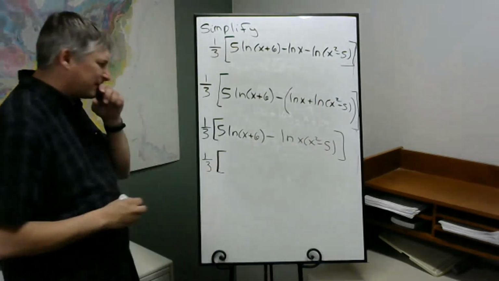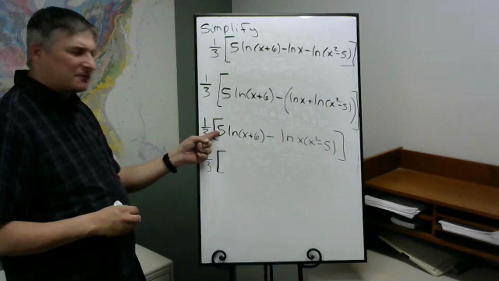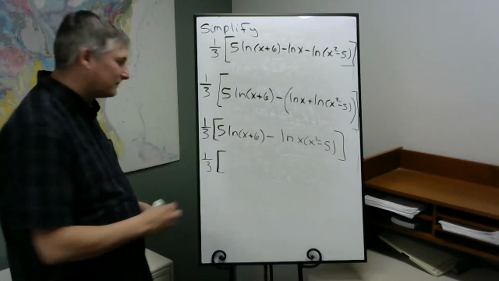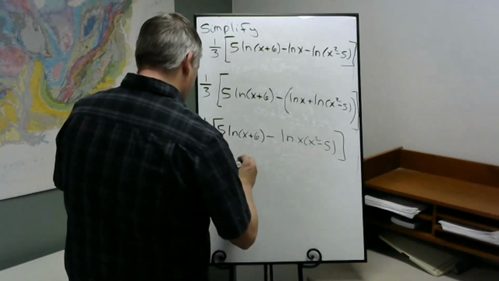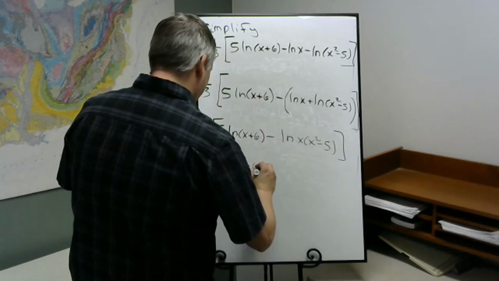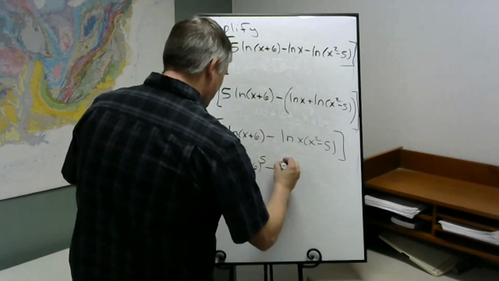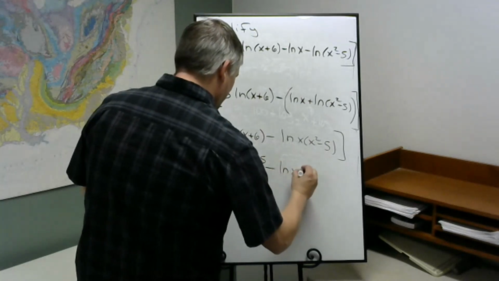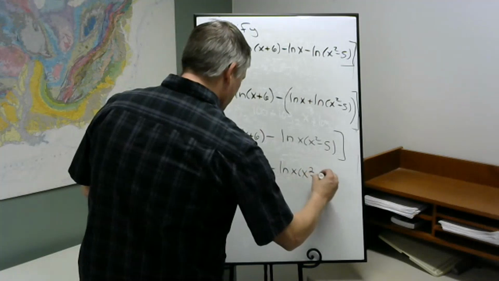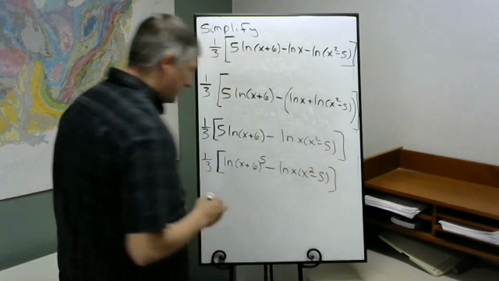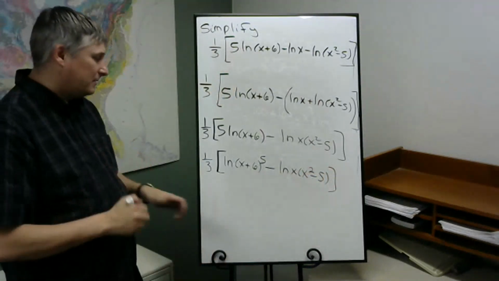I'm going to do one thing first, though. I've got this 5 in front here. I'm going to make this a power, make it an exponent. So we'll put it back up like so. Now we can use the property.